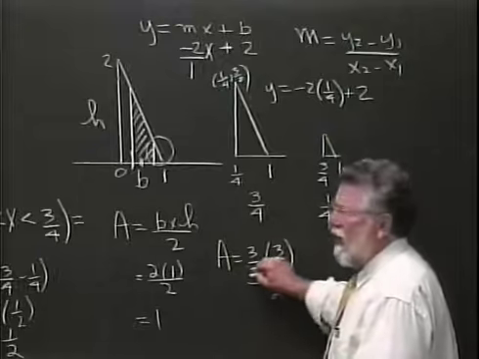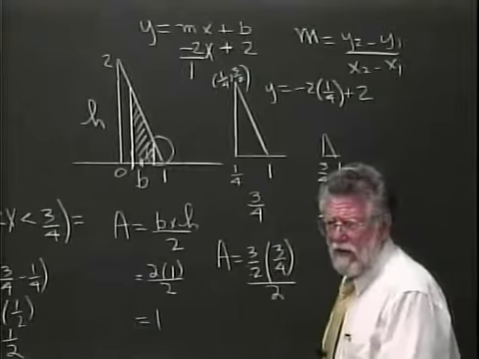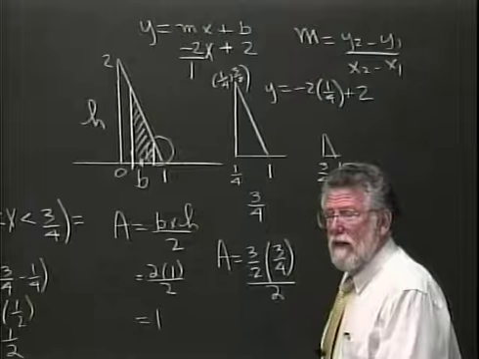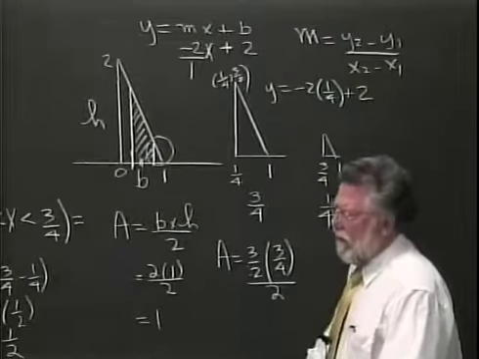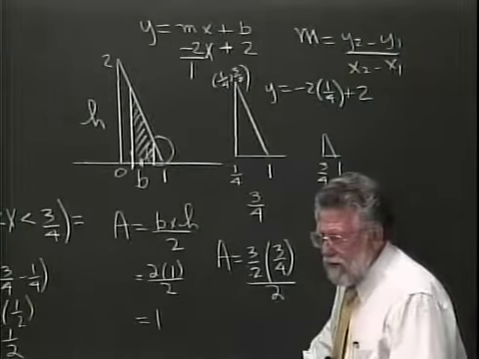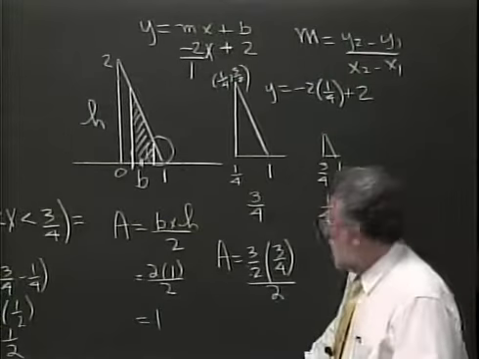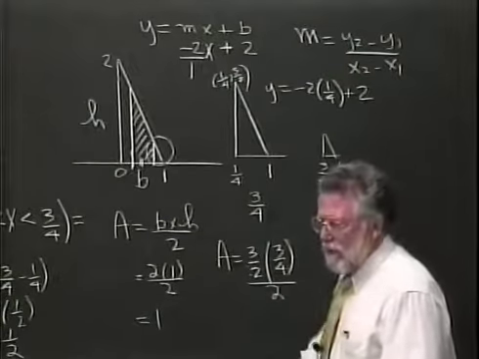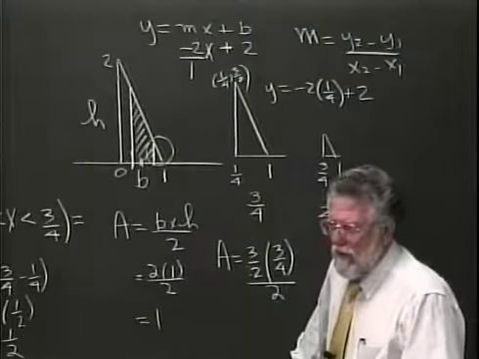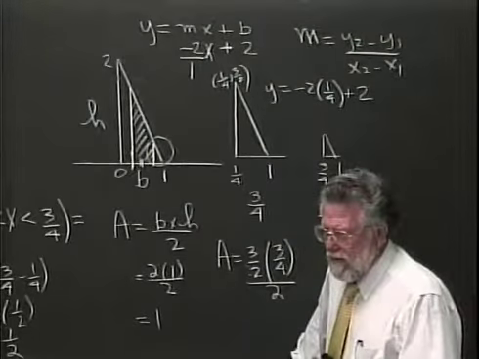So that's 9 over 8 divided by 2, which is 9 divided by 8 all over 2. Invert and multiply. How about 9/16?